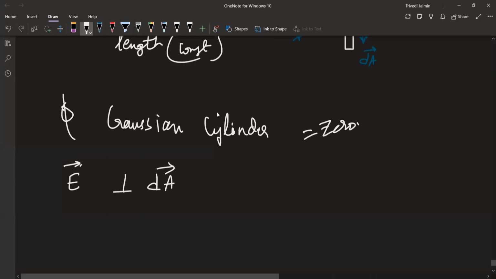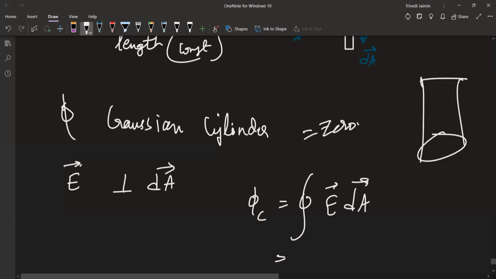So phi equals integration of E dA. We need to add for those circles or cylinder ends as well as the sides.